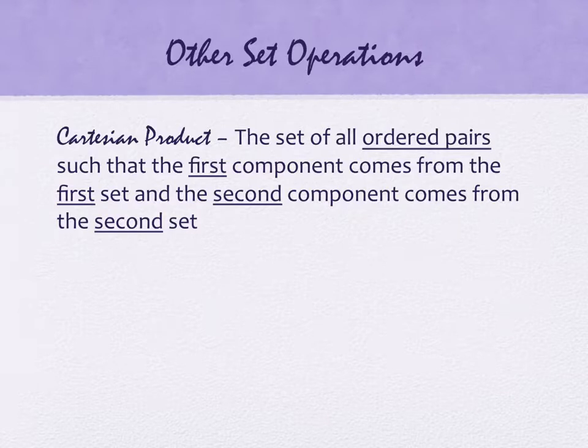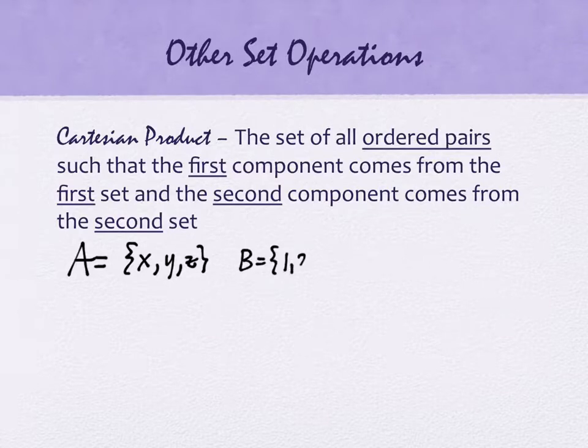So let me show you how this looks in terms of just a real quick example. So let's say set A has elements X, Y, and Z, and set B has numbers 1 and 2. Now there's nothing that says that A and B have to actually even be different. They could be the same, and it would be okay in the way this is actually set up. But it's easier to see if I make them different. So if I wanted to find the Cartesian product, it's described using that multiplication symbol between them, for product.